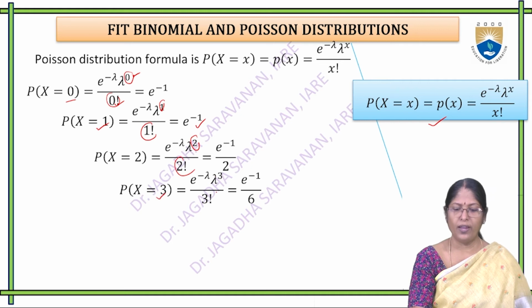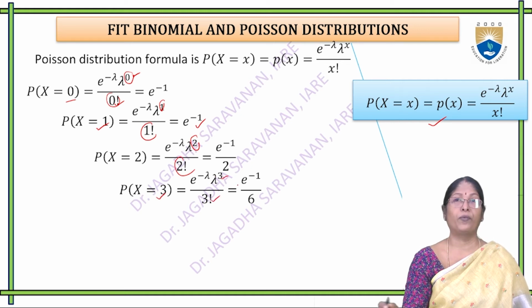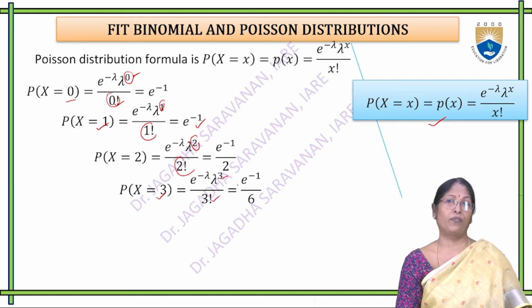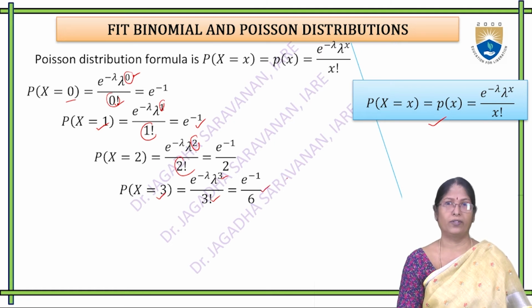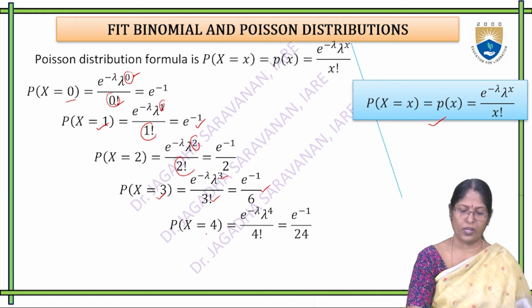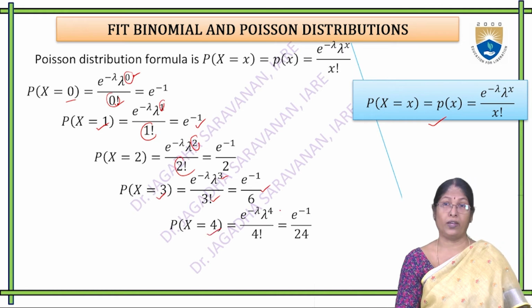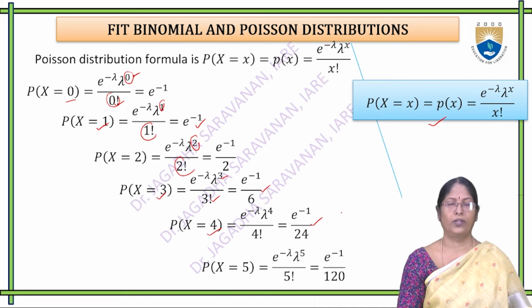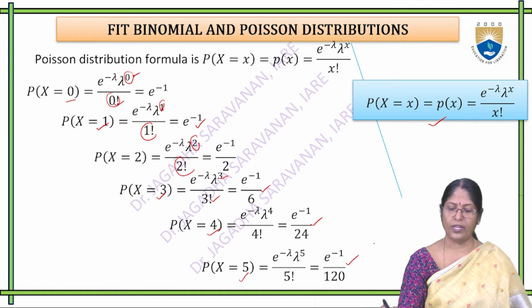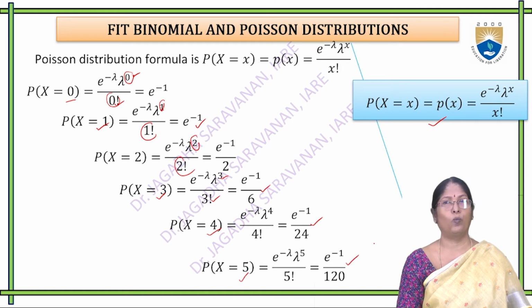For x equals 3, similarly, 1 power 3 by 3 factorial, we obtained e power minus 1 by 6. When x equals 4, we obtained e power minus 1 by 24. For the last data, when x equals 5, we obtained e power minus 1 by 120.